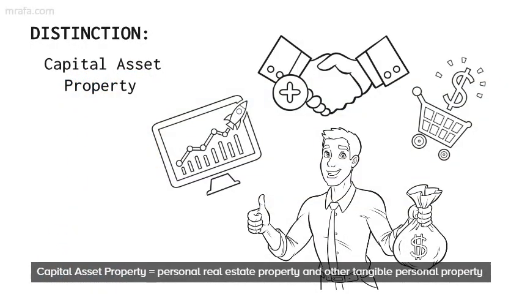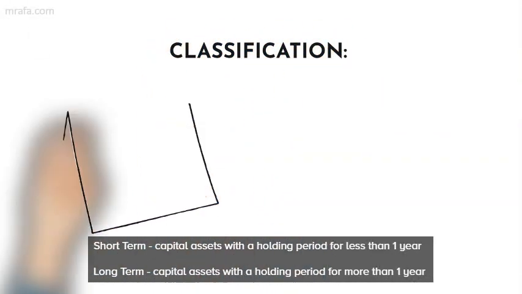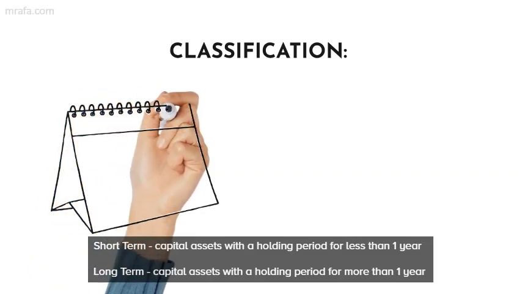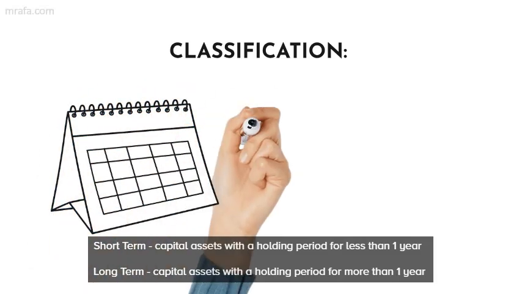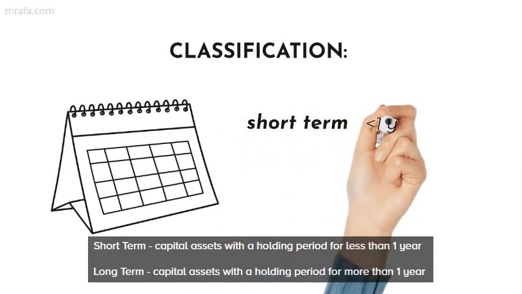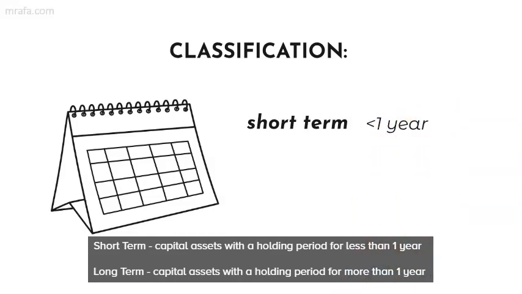And there are two types of capital assets: short-term capital assets and long-term capital assets. Short-term means that you have that asset for less than 1 year. And long-term capital asset means that you have that asset for more than 1 year.